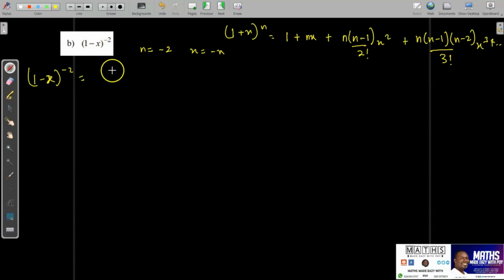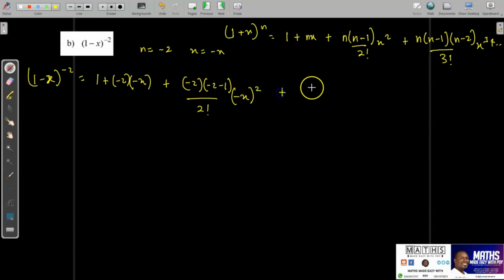Using the theorem here, we're going to get 1 plus n value, which is negative 2, multiplying x value, which is negative x, plus n is negative 2 times negative 2 minus 1 all over 2 factorial, then x value is negative x all squared, plus negative 2 times negative 2 minus 1 times negative 2 minus 2 all over 3 factorial, then negative x all cubed, plus dot dot dot.